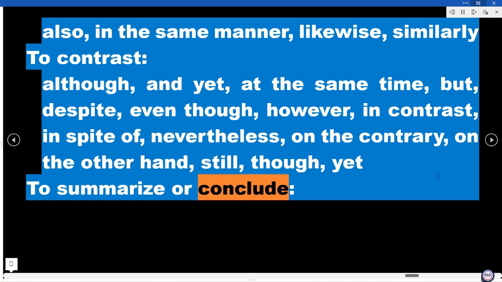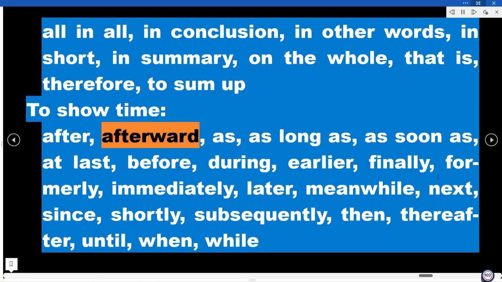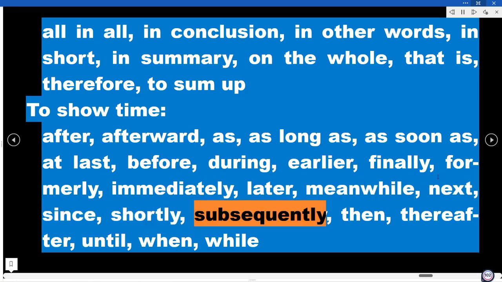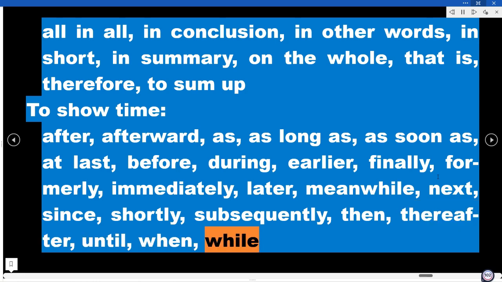To summarize or conclude: all in all, in conclusion, in other words, in short, in summary, on the whole, that is, therefore, to sum up. To show time: after, afterward, as long as, as soon as, at last, before, during, earlier, finally, formerly, immediately, later, meanwhile, next, since, shortly, subsequently, then, thereafter, until, when, while.